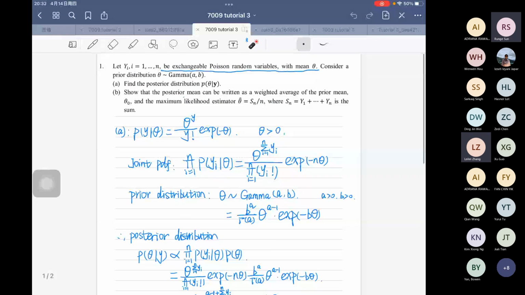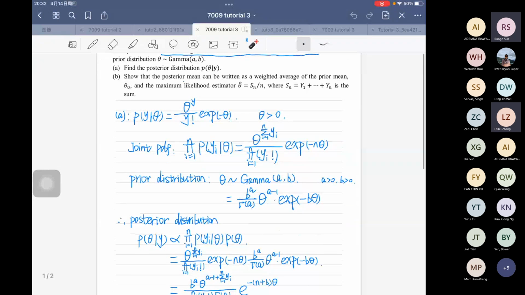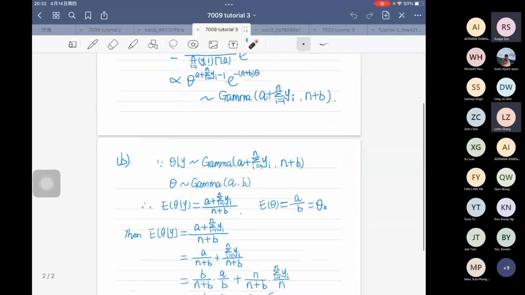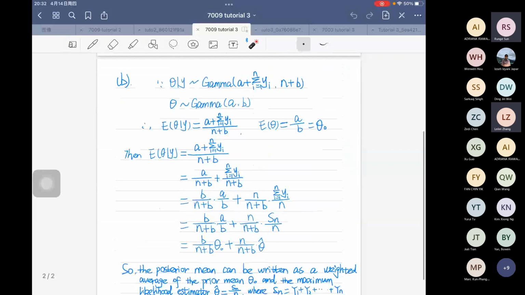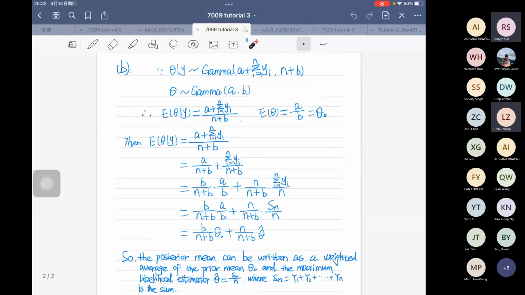Part B. Show that the posterior mean can be written as a weighted average of the prior mean theta naught and the maximum likelihood estimator theta hat. From the title, we can know the posterior mean is this one, and the prior mean is this one.